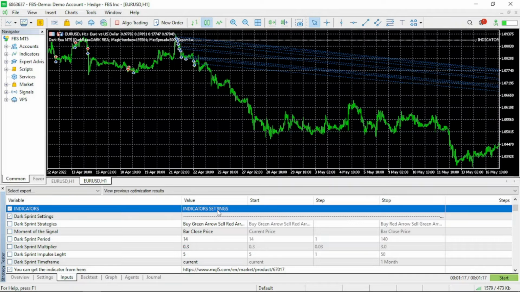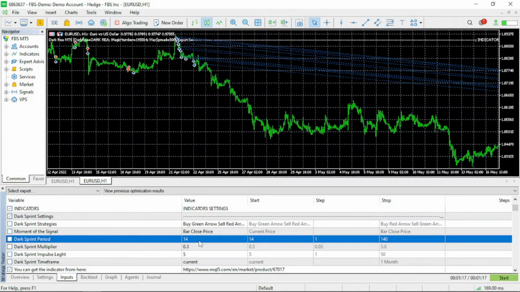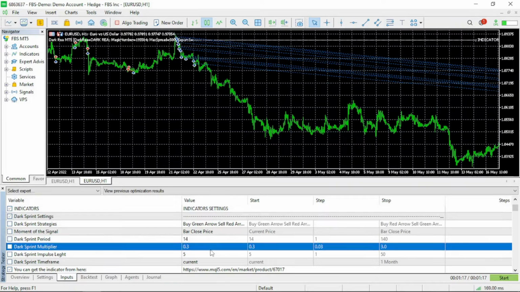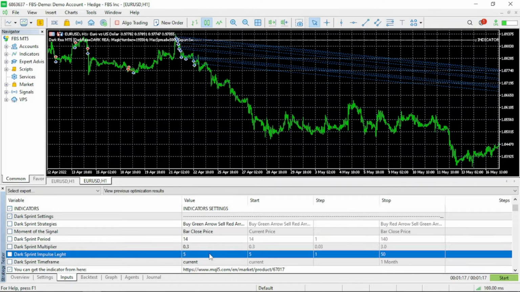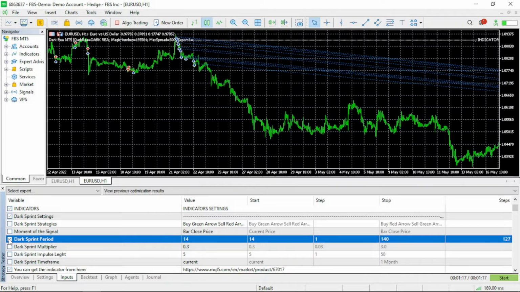For my optimization, I am going to optimize the Dark Sprint period. To do this, you have to select the box next to period, and then you can change the input values and make sure that everything else is unselected.